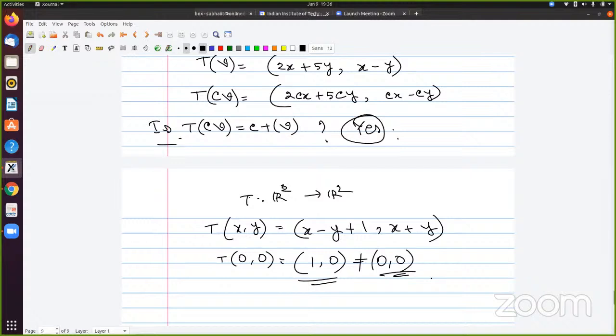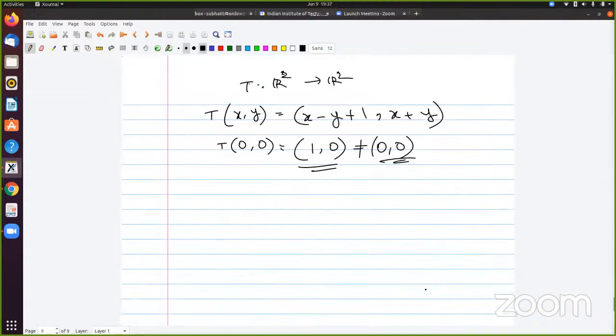Okay. So, this is the first thing. Second thing, whenever I am talking about a map from Rn to Rm, or the usual vector spaces which we are talking about, all these coordinates should have degree 1.